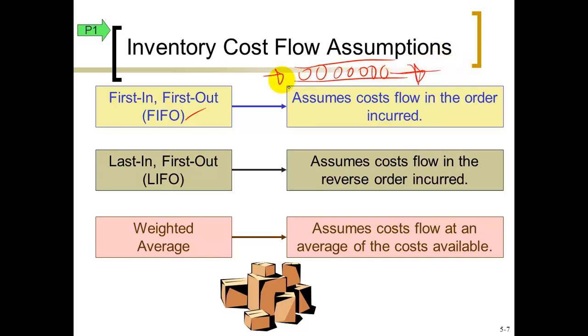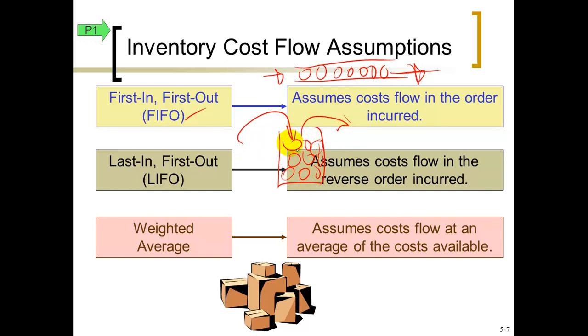Now, just because your physical flow is like this, old stuff sold first and last stuff still here, it doesn't mean you have to assign the costs exactly that way. So here we flip the costs. Picture selling bowling balls from a barrel: the old bowling balls are at the bottom of the barrel that you bought a long time ago, and the new ones you put on top. When you sell, you pick off from the top, not from the bottom.